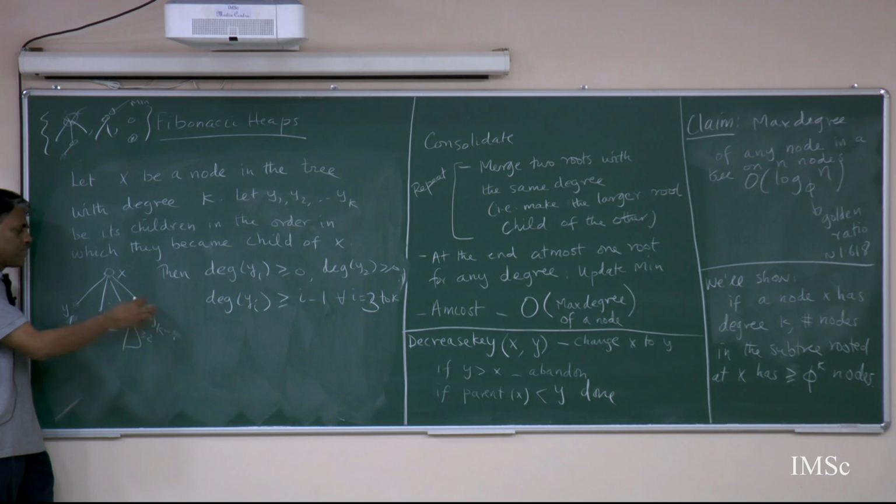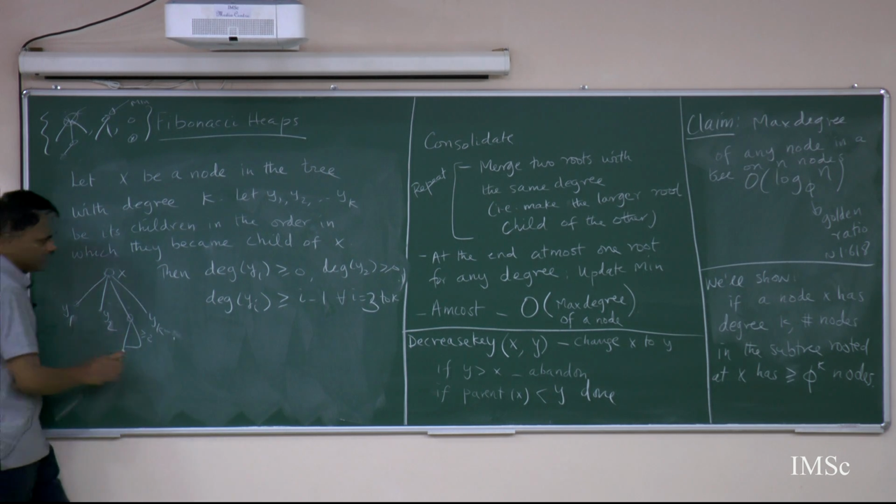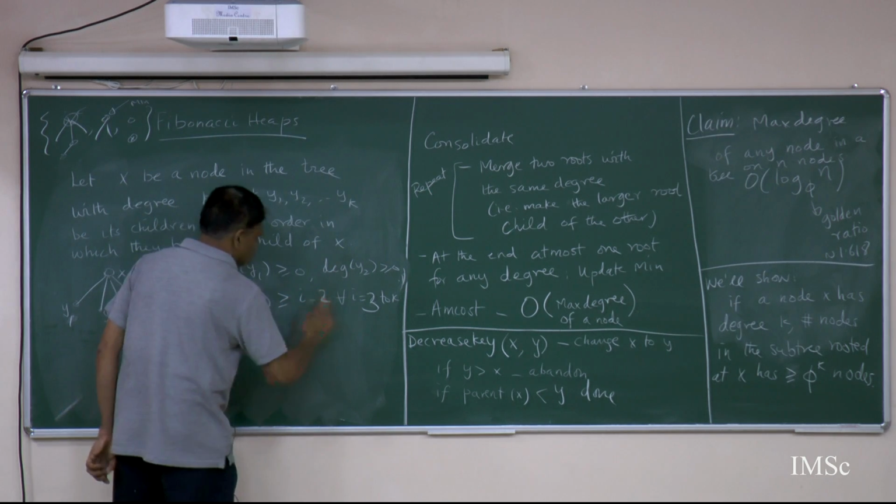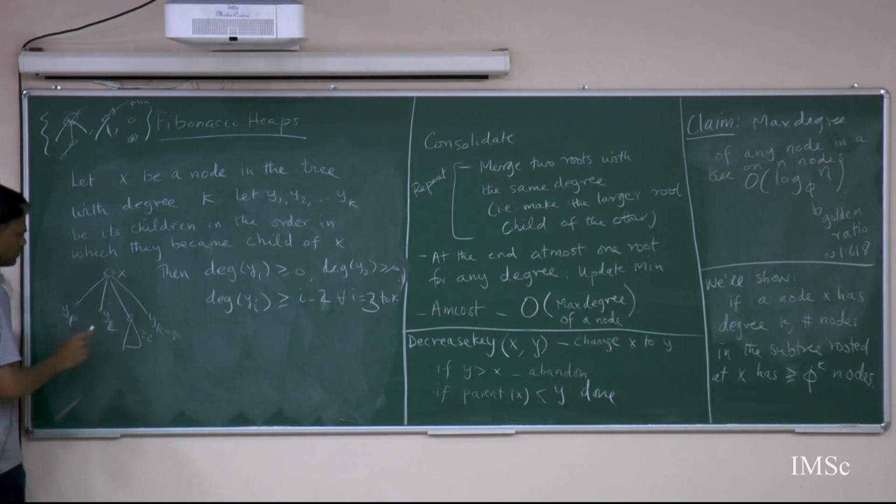yi must have degree at least i minus 1 at the time it got joined, because there are i minus 1 nodes before it, and now it might have lost 1.